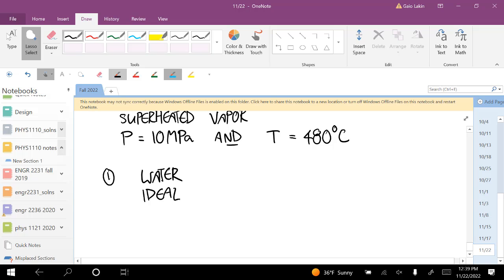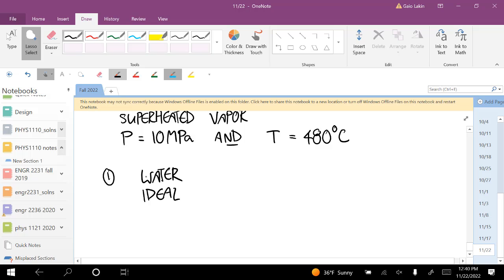well, I'll draw the temperature entropy diagram, but we know the phases of the water in the different states. And we also know that the pump and the turbine are both isentropic processes.